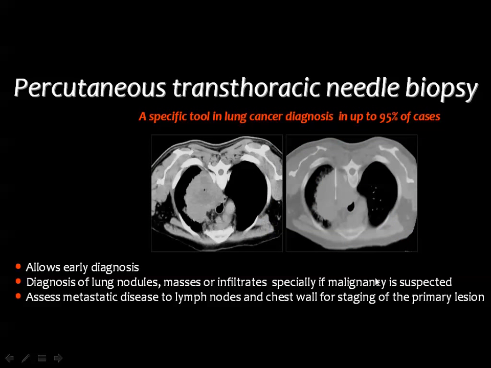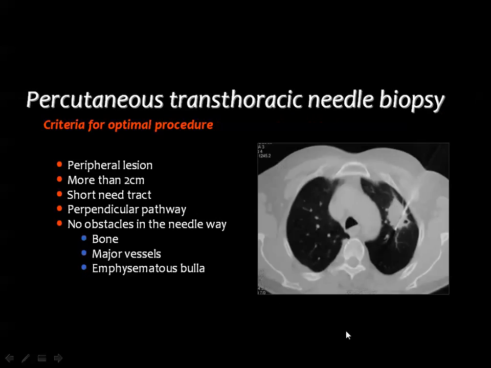One of the main tools for evaluation of lung cancer, whether in the form of nodule or mass, is to have the tissue diagnosis provided by the needle biopsy, guided by ultrasound or CT or MRI if available.